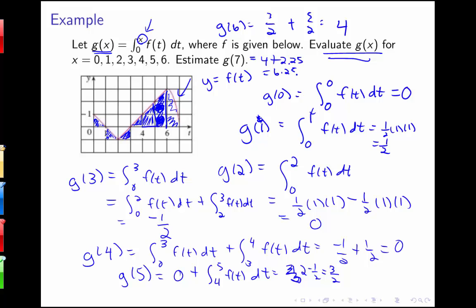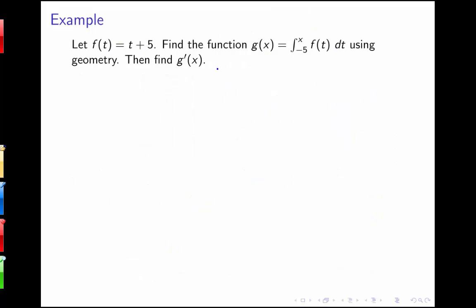So we can say 6.25 is our value of g of 7. Okay, so we see that g is changing as t changes, and once I have a little bit more information from this section, I'll be able to talk about how I could go about sketching a graph of g of x.